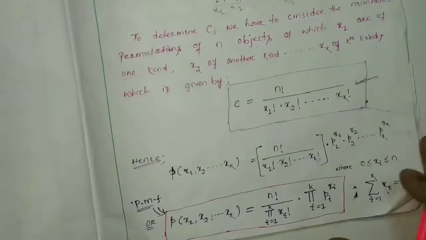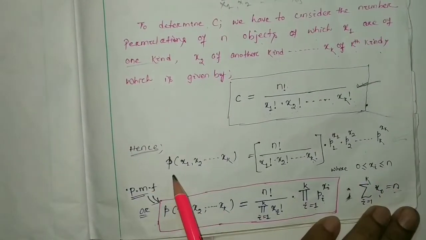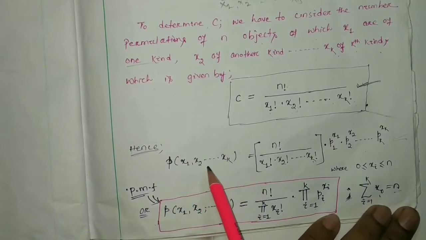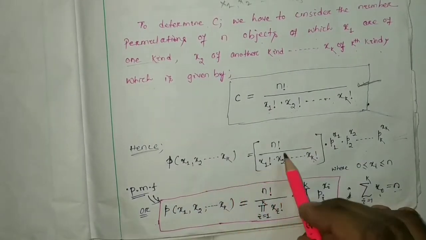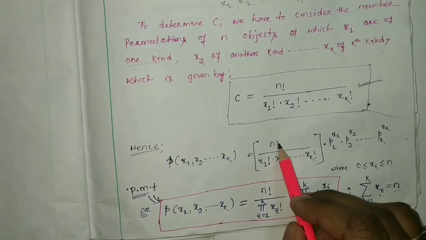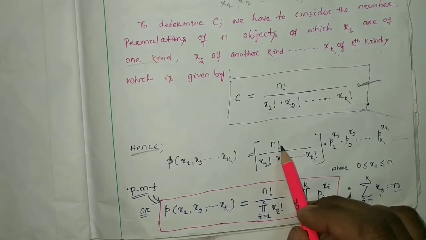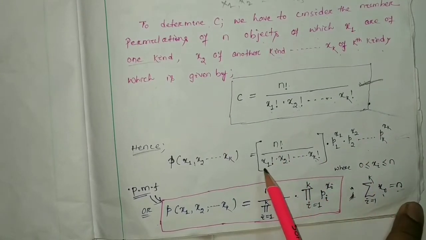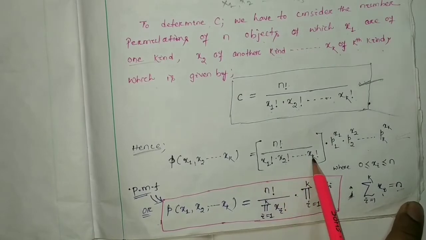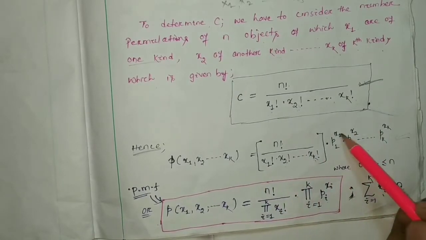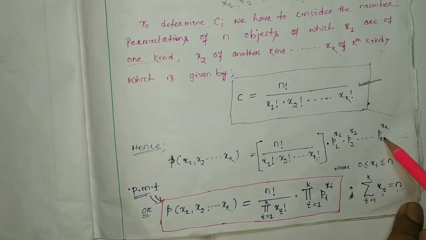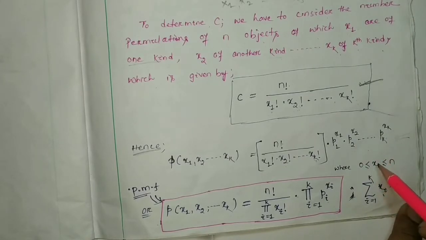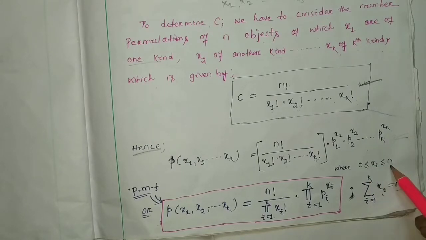The general PMF is P of x1 comma x2 up to xk, which will be n factorial, where n is the number of independent observations, divided by x1 factorial, x2 factorial up to xk factorial into p1 to the power x1, p2 to the power x2 up to pk to the power xk. And here xi may be 0, or maybe up to n.